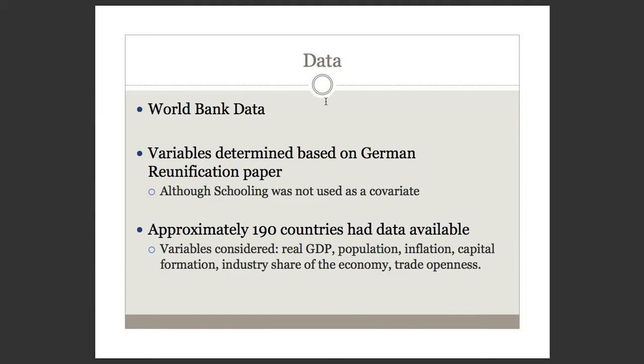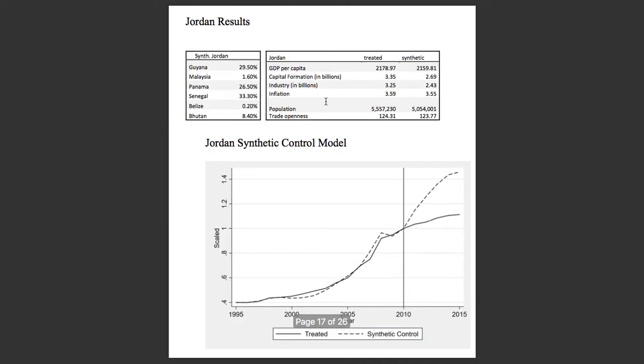There are about 190 countries in the World Bank data. My covariates are the same as the German reunification paper: real GDP, population, inflation, capital formation, industry share of the economy, and trade openness.